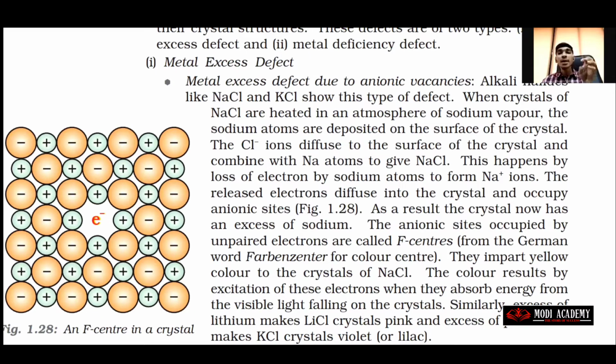So an F center goes inside. An F center means a vacancy created due to the breaking of a bond in the original NaCl crystal and forming a bond with the new Na+ ion. This happens by the loss of an electron by a sodium atom to form Na+. The released electron diffuses in the crystal and occupies the anionic site.